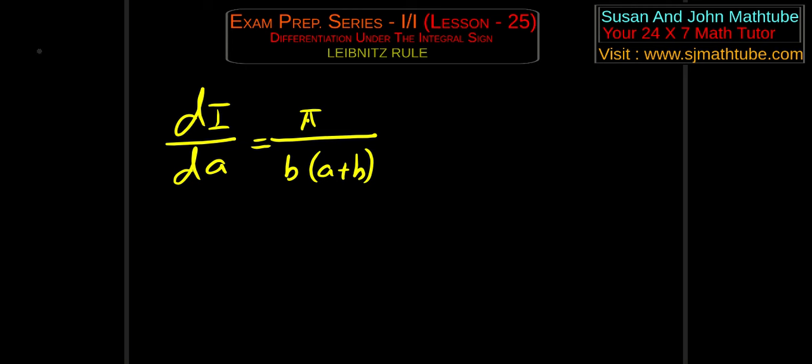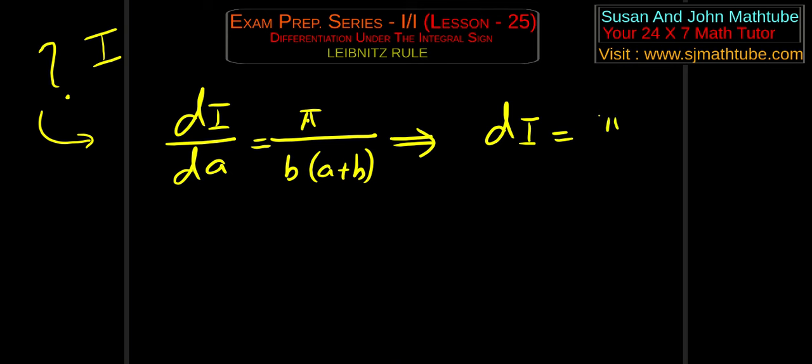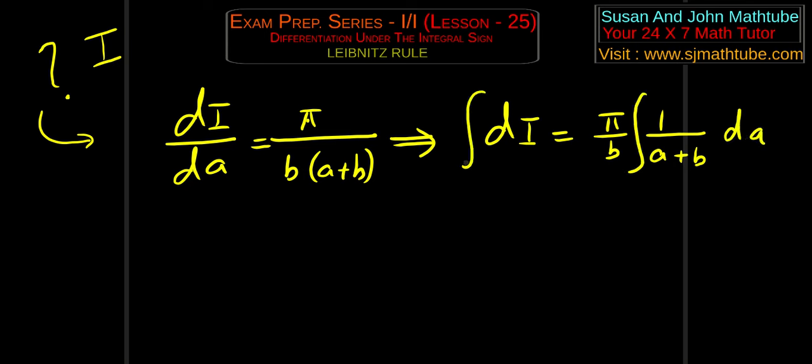So the usual questions, what are you trying to find? I. And what did you find? dI by dA. No need to worry. So we get a differential equation, pi by b, 1 by (a plus b) dA, and integrate. Did you understand why I kept this outside? The variable of integration is a, that means b is a constant.